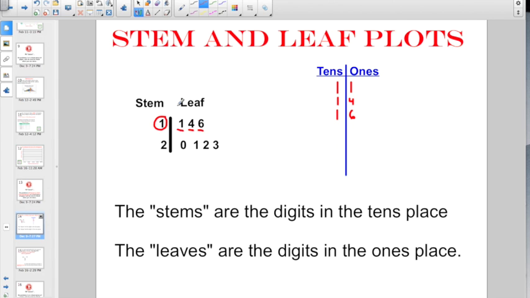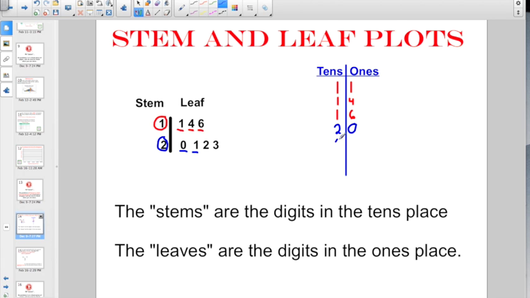Now I have a whole other row and a brand new stem. I have 2 in the tens place and a 0 in the ones place. So that means the data being displayed represents 20. Now I still have 2 in the tens and 1 in the ones.